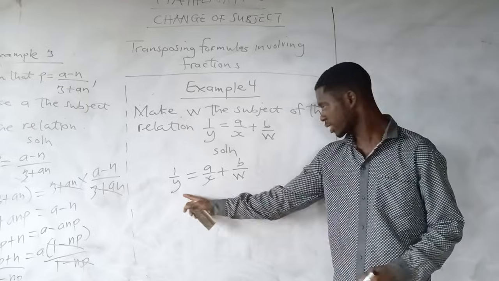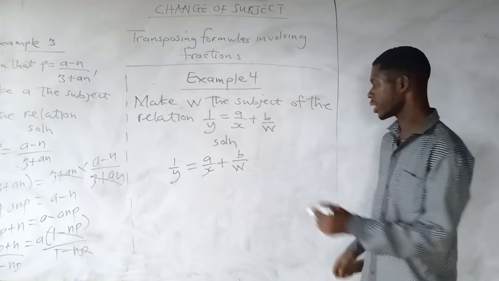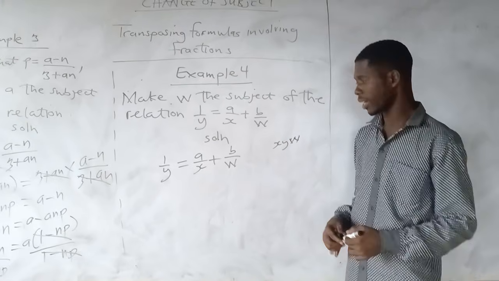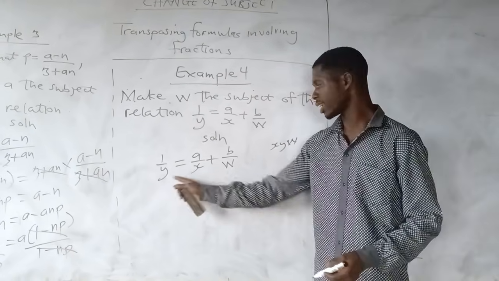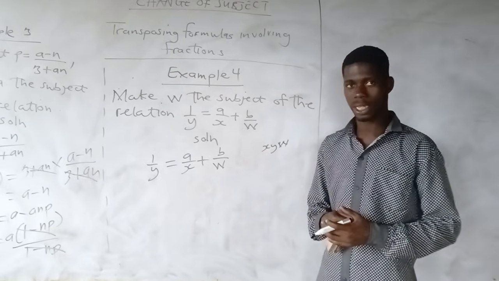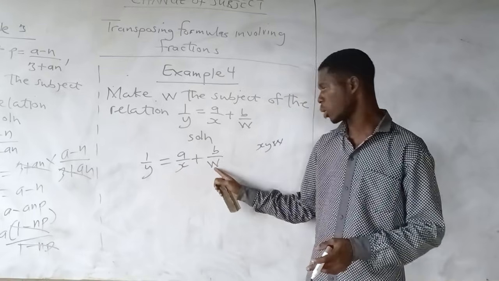And the LCM for this relation is X, Y, W. That is what you multiply all of them by, and consider it as the LCM.